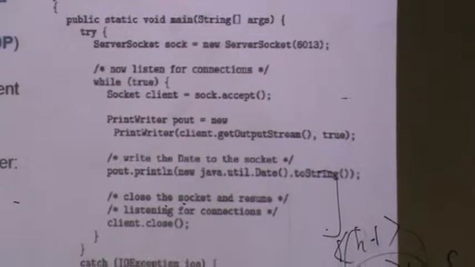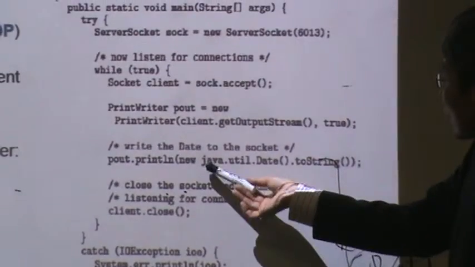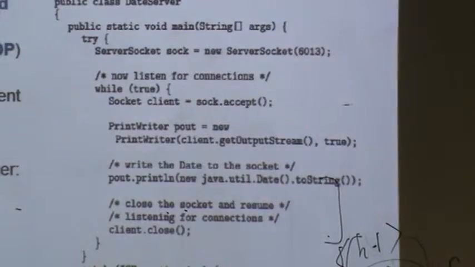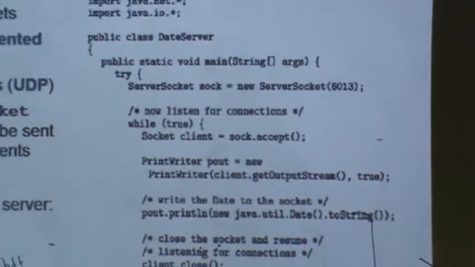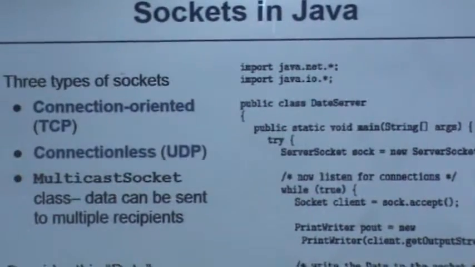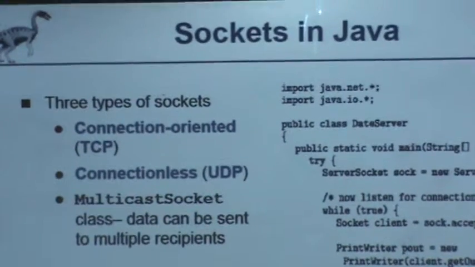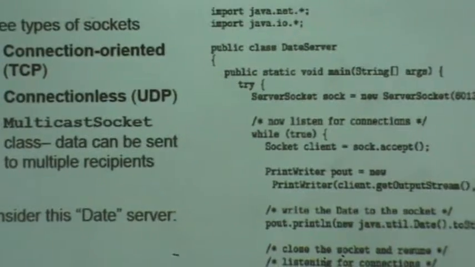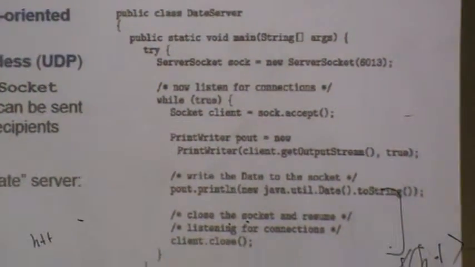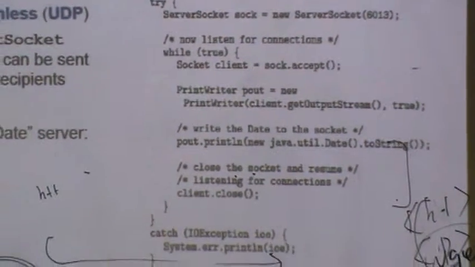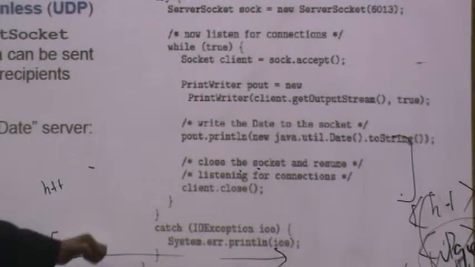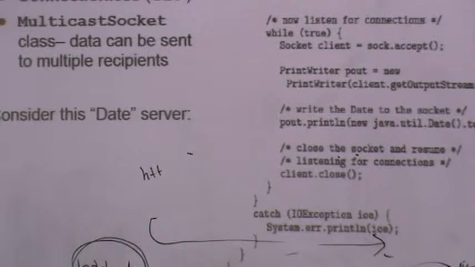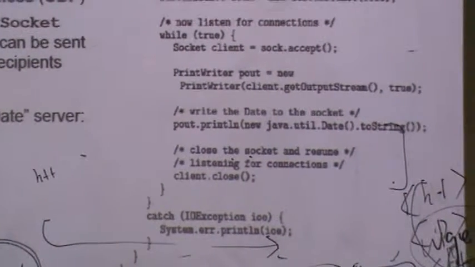How many? 1, 2, 3, 4, 5. It's very simple, so why don't you try? This one is for a day server, which means that once the client makes a request, it will return the current date.